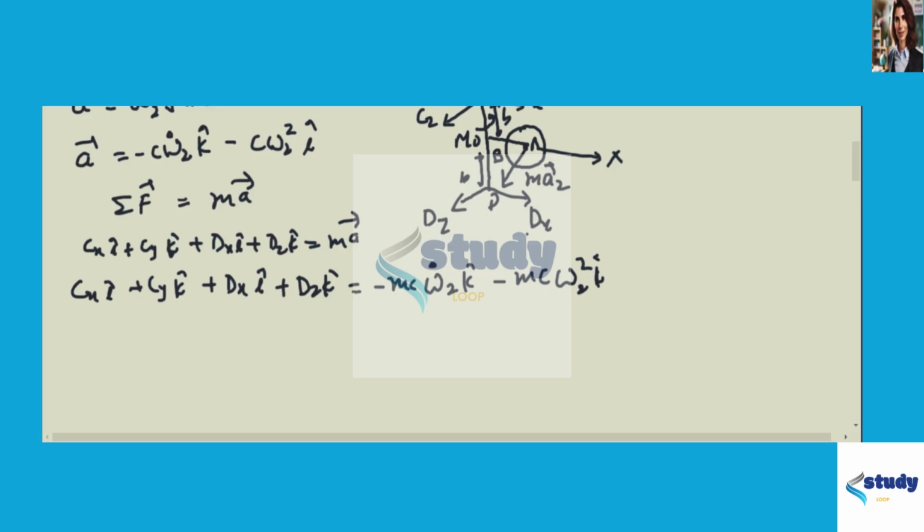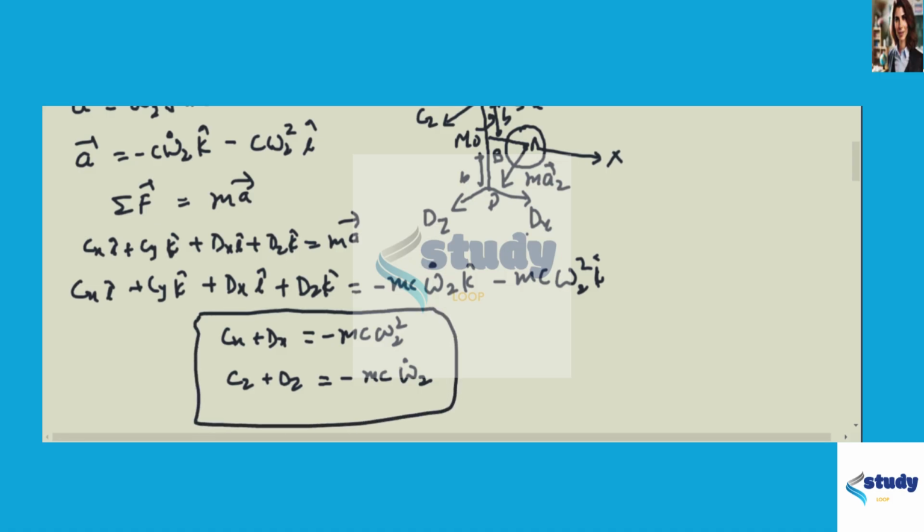So we can write Cx plus Dx to be minus mc omega 2 square, and Cz plus Dz equal to minus mc rate of change of omega 2. So these two values are important for us for further calculation.